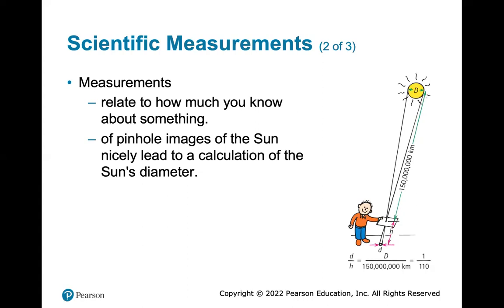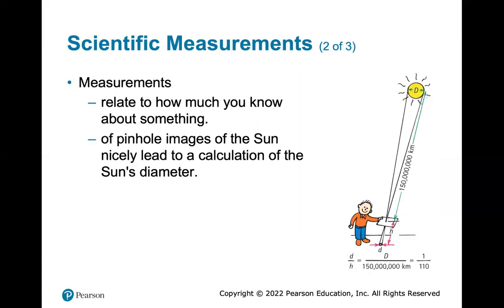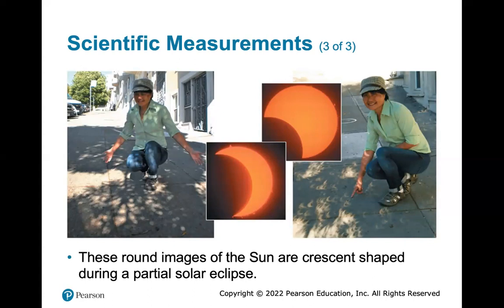You can measure the diameter of the sun given that ratio. Okay, this pinhole image would make a round circle that's shown here.